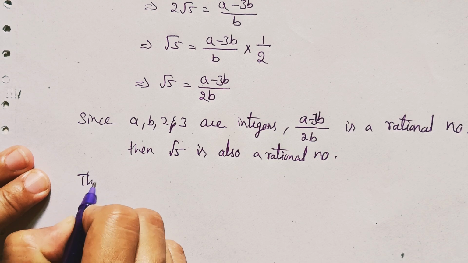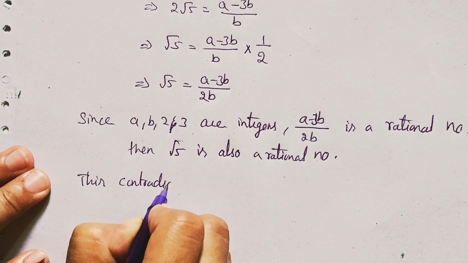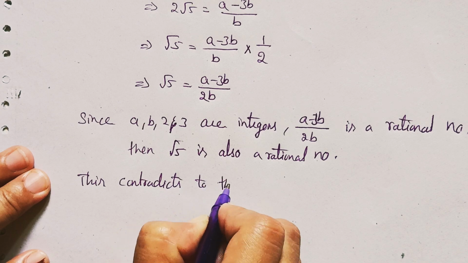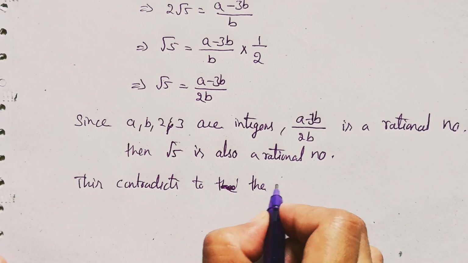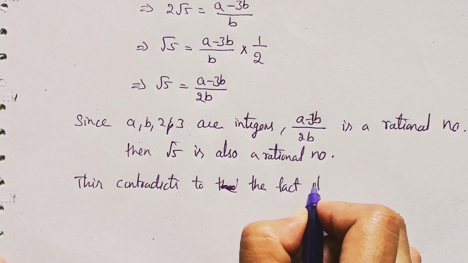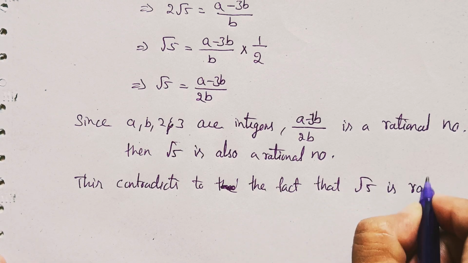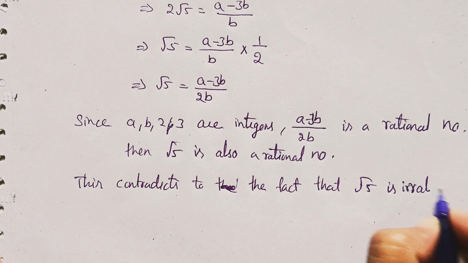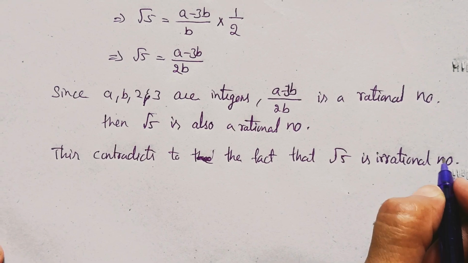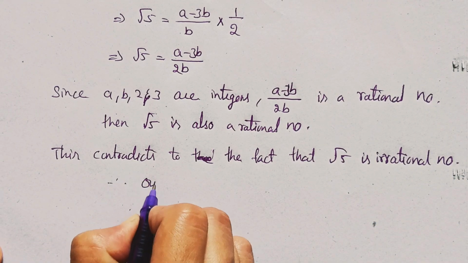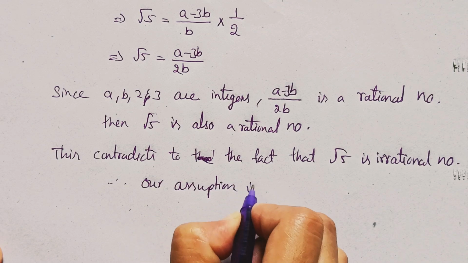So this contradicts the fact that root 5 is an irrational number. Therefore our assumption is wrong.